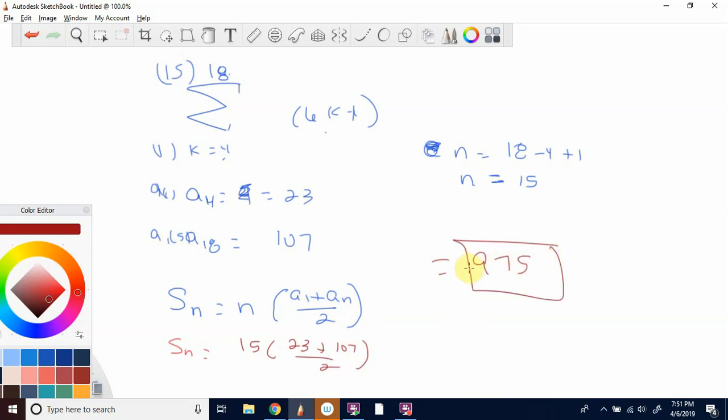If we want to check this manually, we can say 4, 5, 6, 7, 8, all the way to 18. Put those values into the formula and add them manually. We're going to get 975, which is letter C.